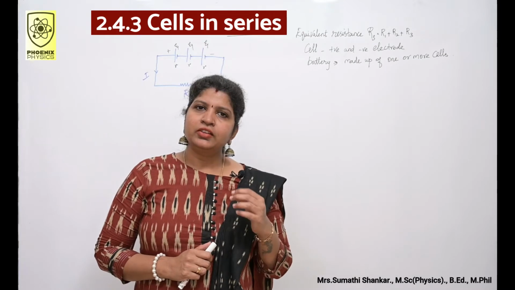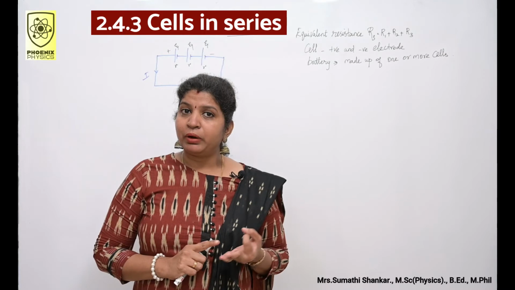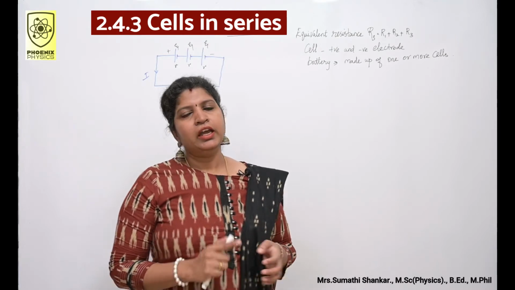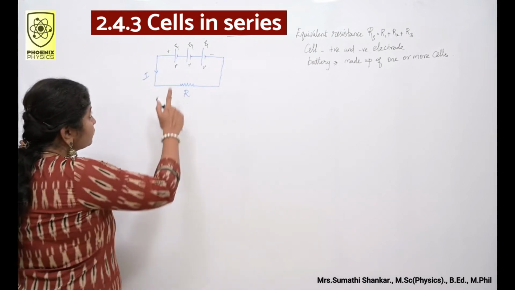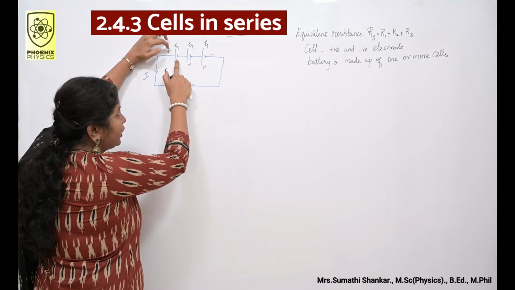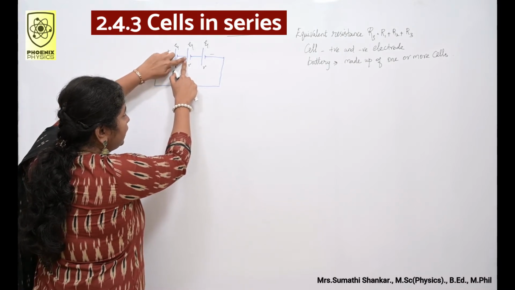You know that a cell has one positive electrode and one negative electrode, but a battery can be made up of one or more cells. In a series connection, the negative terminal of the first cell is connected to the positive terminal of the second cell.